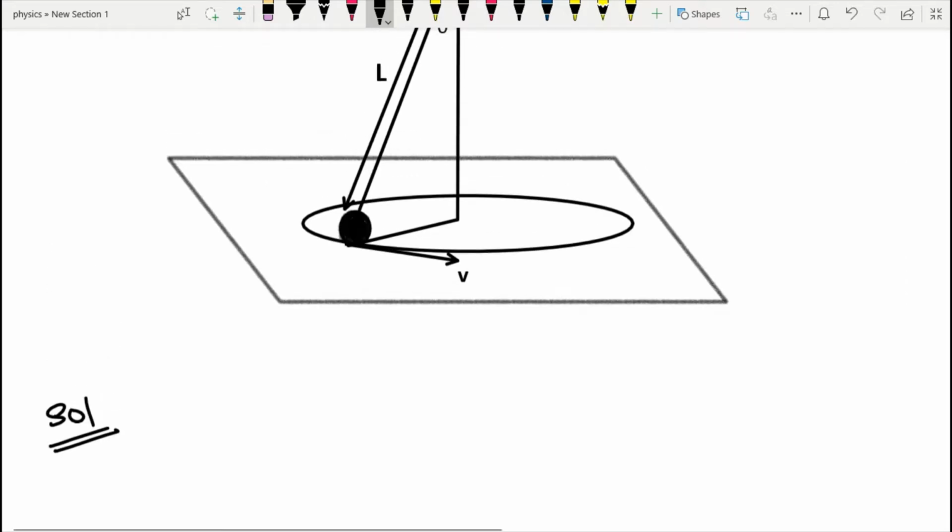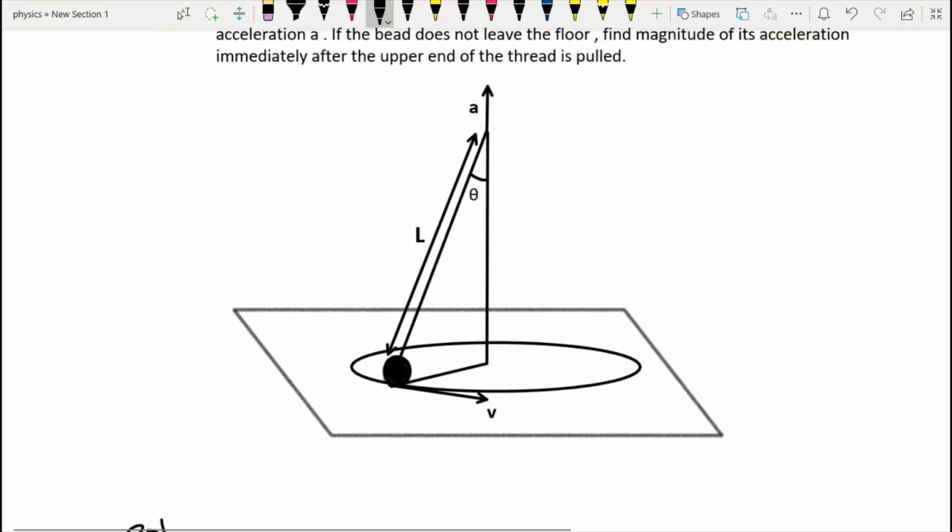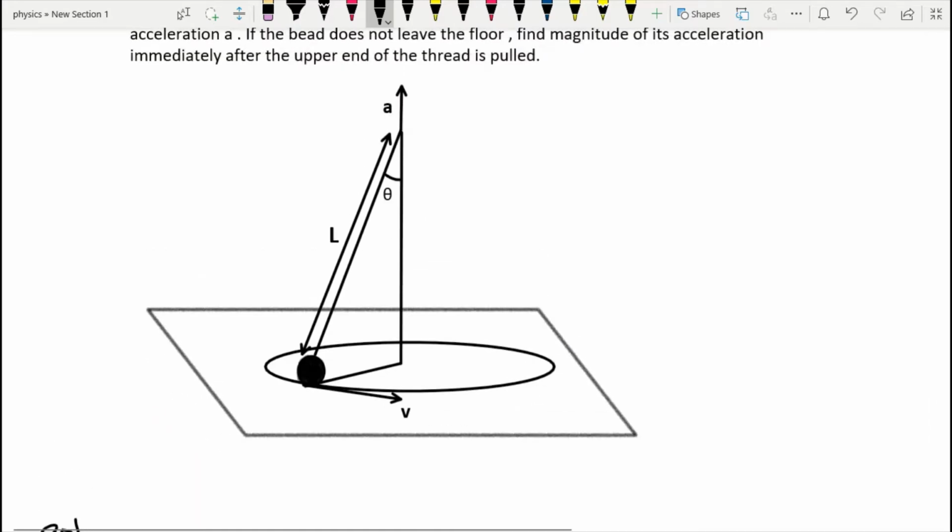Actually, before entering into the solution, you have to make it clear that the ball is moving in a circular path of radius small r. Let us say this is radius small r.